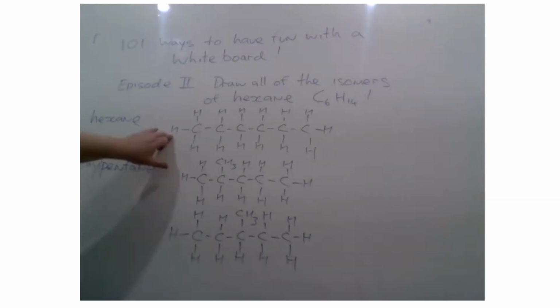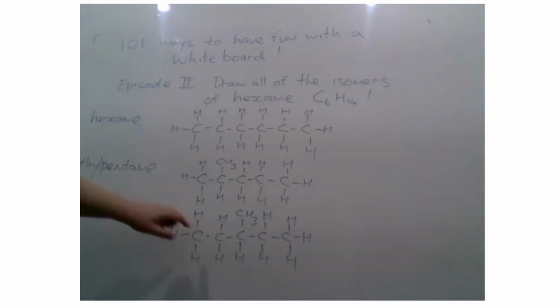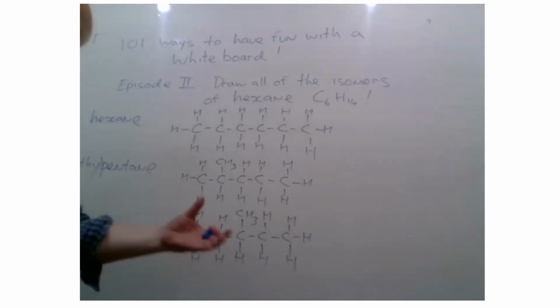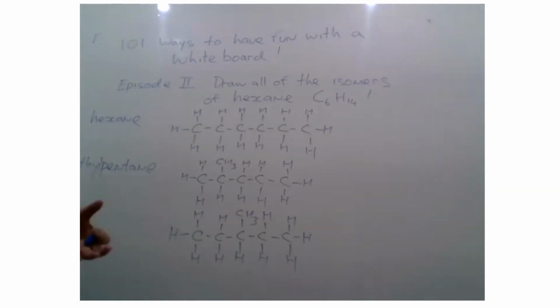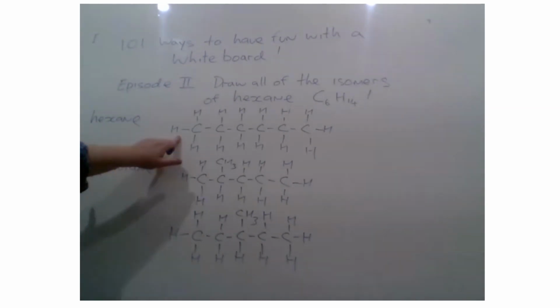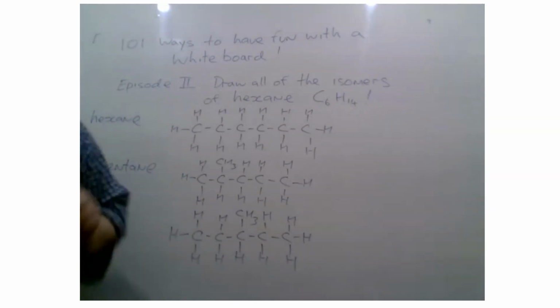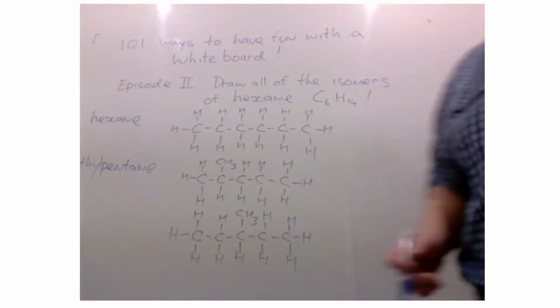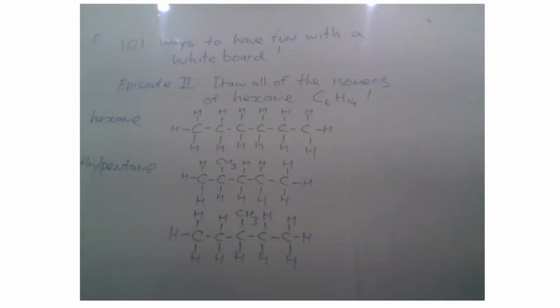And we compare it to the other 2 isomers, and we see that it is in fact structurally different. There's no way we can rotate this around without breaking bonds to get either the 2-methyl pentane or indeed the hexane. Professor Harry, what do you think? Does that look correct to you?